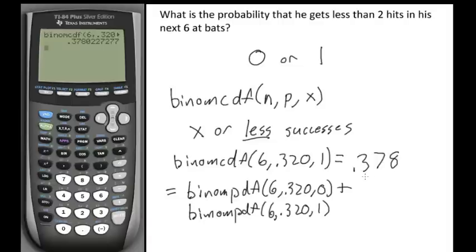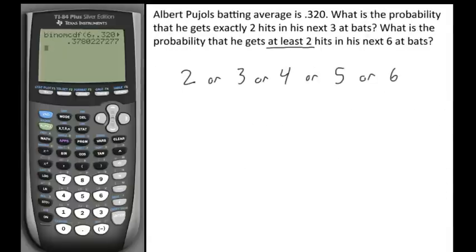All right, so why did we do that? Why did we find the answer to the opposite question that we actually wanted to ask? Well, let's go back to our original question. We wanted to find the probability that he gets at least 2 hits in his next 6 at-bats. Well, one thing we know about probabilities is that they all add up to 1.